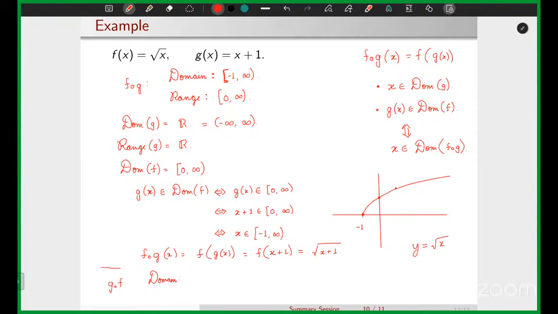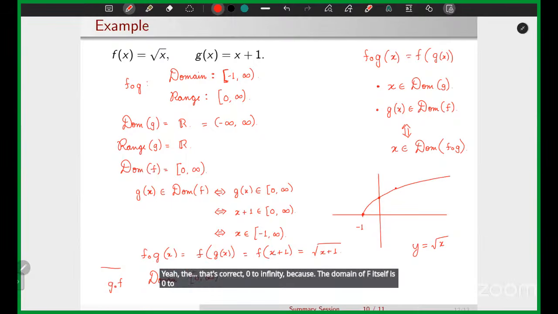The combined equation will be root x plus 1, right? Yes, the composite function description is root x plus 1. So the domain is 0 to infinity, because the domain of F itself is 0 to infinity.